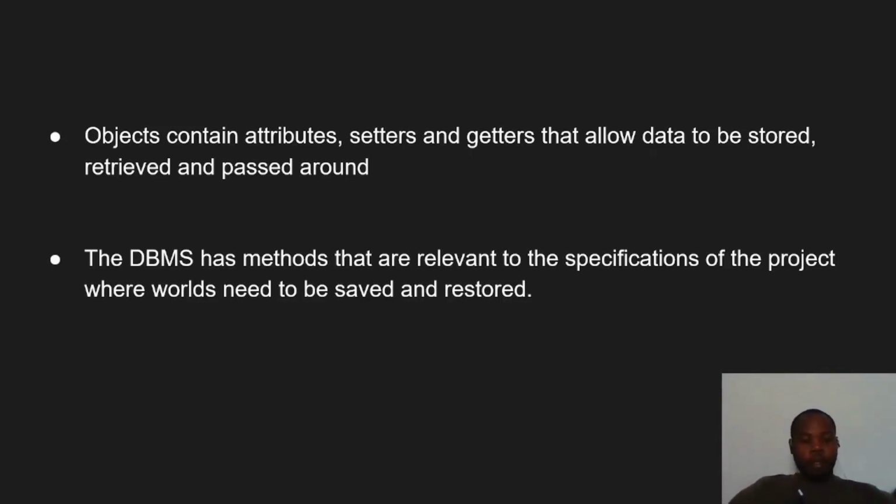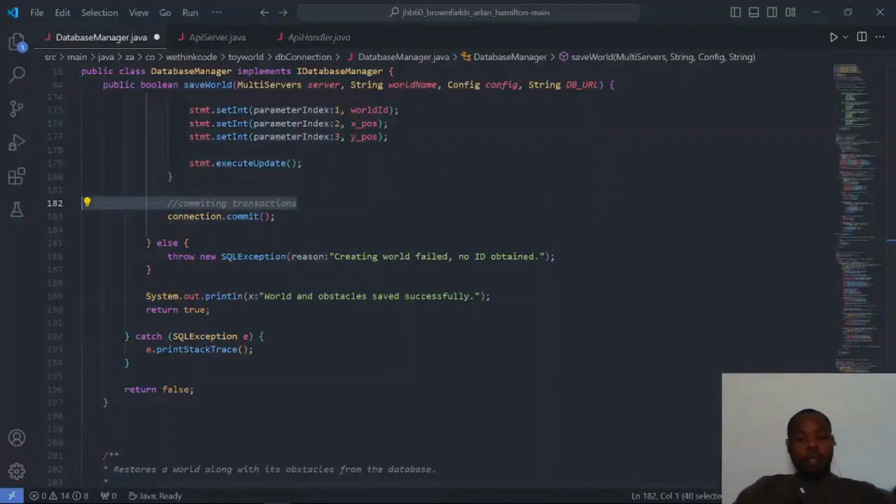Then we've got the database management system that has methods that are relevant to the specifications of the project. In this case, the specifications were to save a world as well as being able to restore a world.